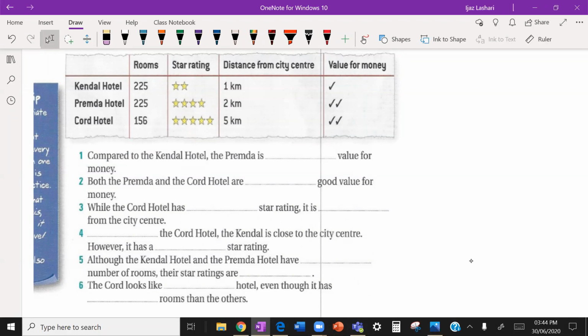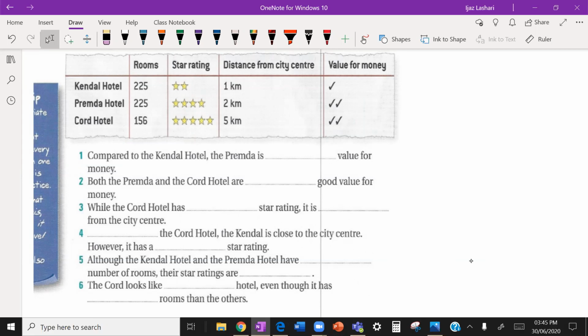So the Kendall Hotel has 225 rooms, and it is near to the city, that is 1 kilometer, but it has a low star level. It has a 2 star rating. Okay, right. It has a low value for money. So the Premida Hotel has 225 rooms, but its star rating is double the first.